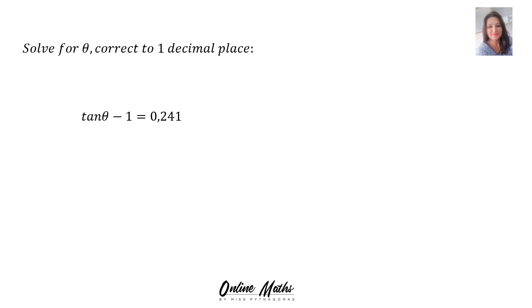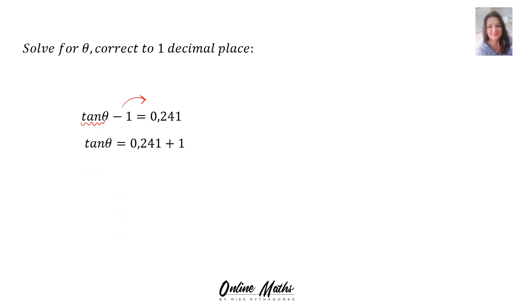Solve for theta. And then I give you tan theta minus 1 is equal to 0,241. So your problem in this sum is you want to isolate tan and its angle. And you have to get rid of the minus 1. So you will get rid of the minus 1 by taking it across to the other side.